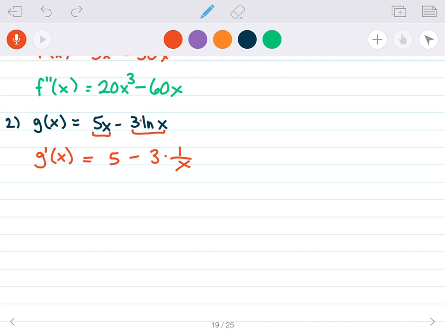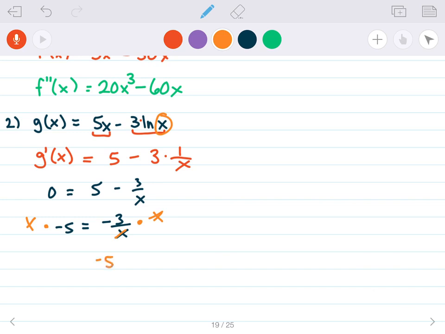Let's set it equal to 0 to see what our critical points are, and solve for x. I'm going to subtract 5 from both sides to get negative 3 over x equals negative 5. I know that x can't equal 0, because of the ln of x to begin with, so I can multiply both sides by x.